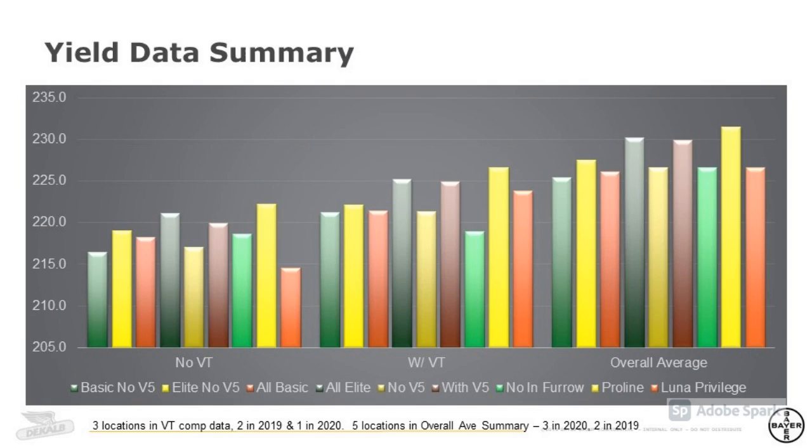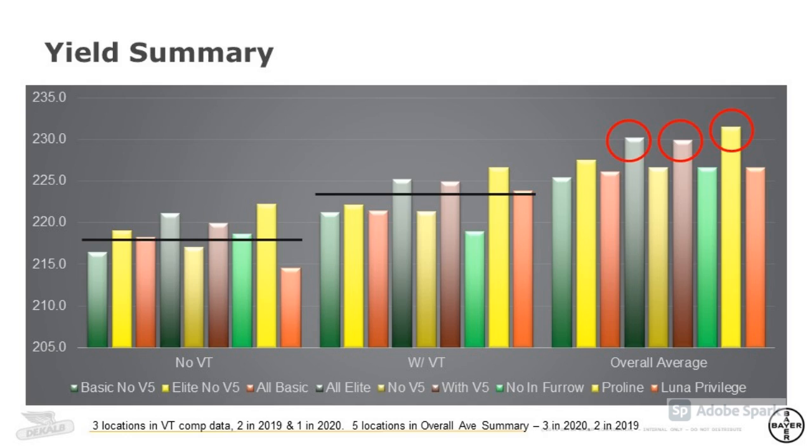And then there on the right, you see the overall average of all of the different tactics in that cluster of bars. So just to summarize this data set quickly, I want to call your attention to 4 things. If you look at the difference between the VT and the no VT bars, if you average all those out, there's a little over a 9 bushel spread between those 2, meaning that a VT application added just over a 9 bushel advantage in my trial work.